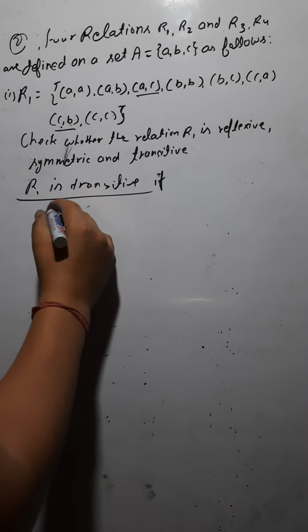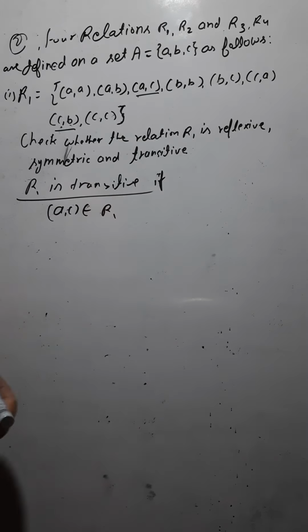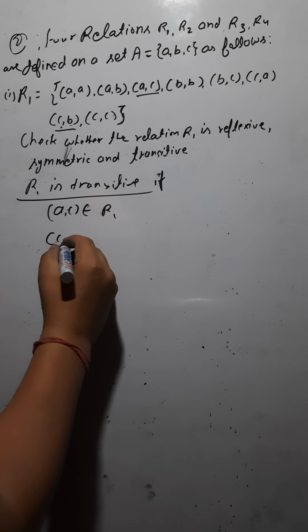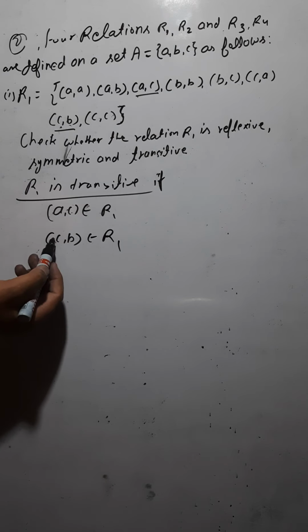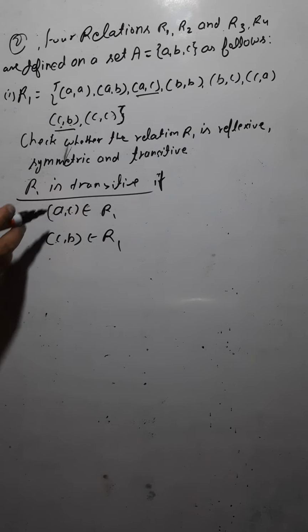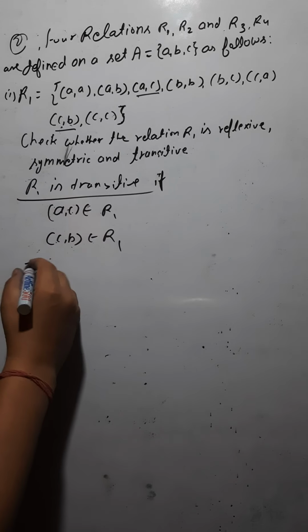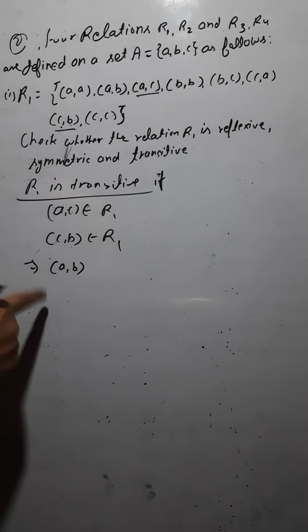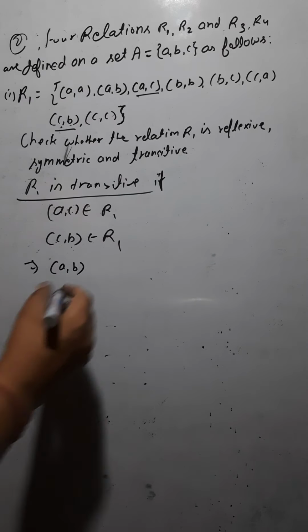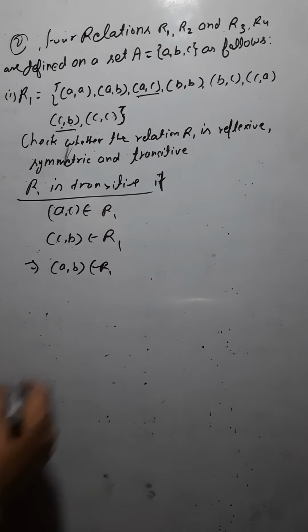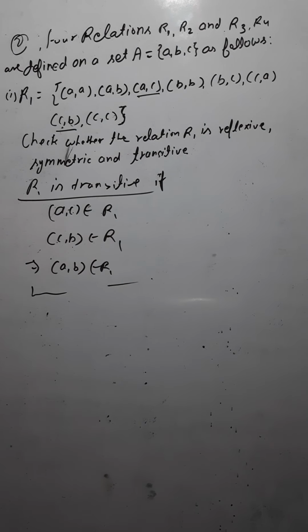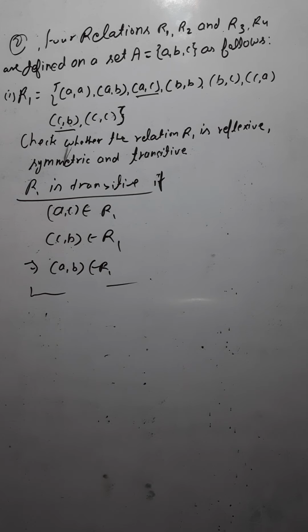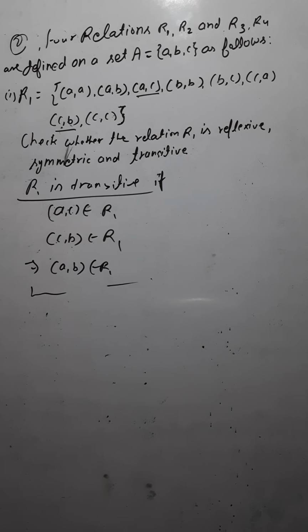If (A, C) belongs to the relation R1, and (C, B) also belongs to the relation R1, now taking the first and last, that means AB. Is this ordered pair there in the relation? Yes, AB is there. It implies AB is also in the relation. Hence relation R1 is transitive, isn't it? So this is how you would check whether the given relations are symmetric, transitive and reflexive or not. So this was the first part.